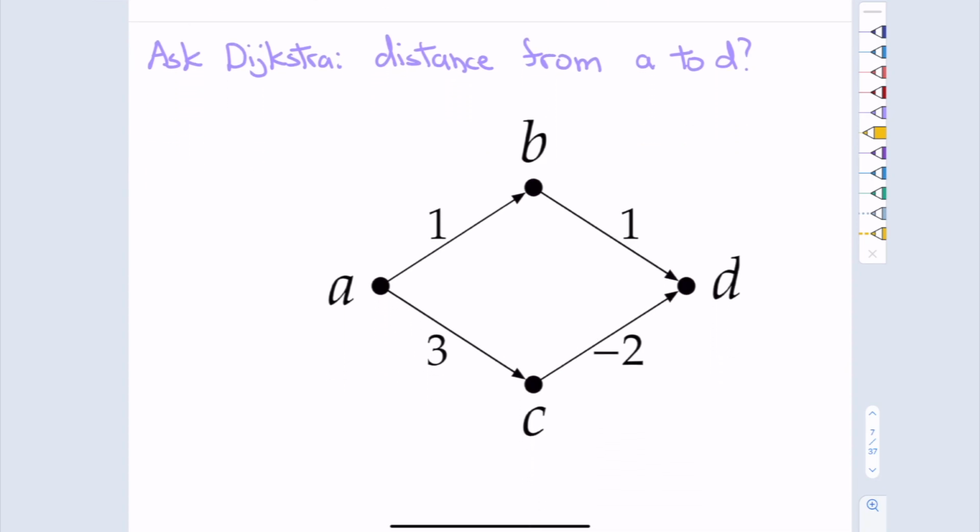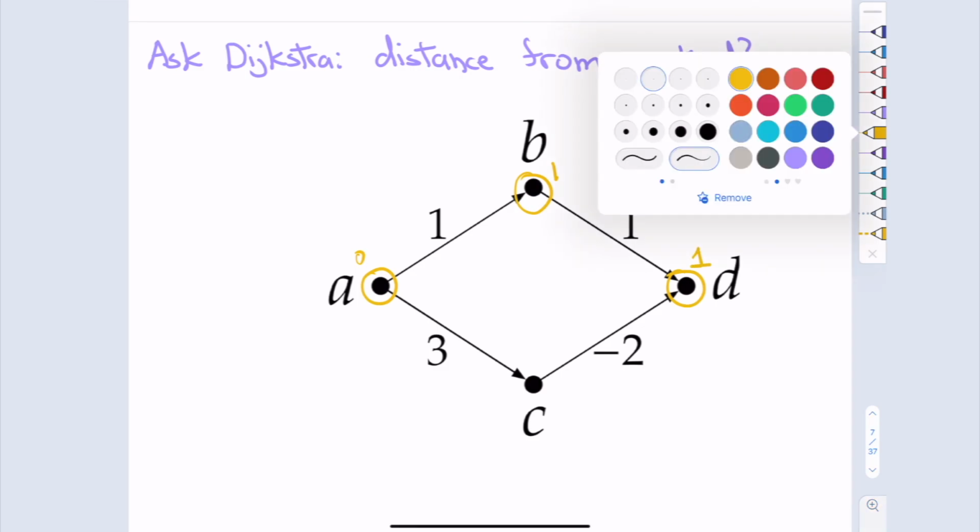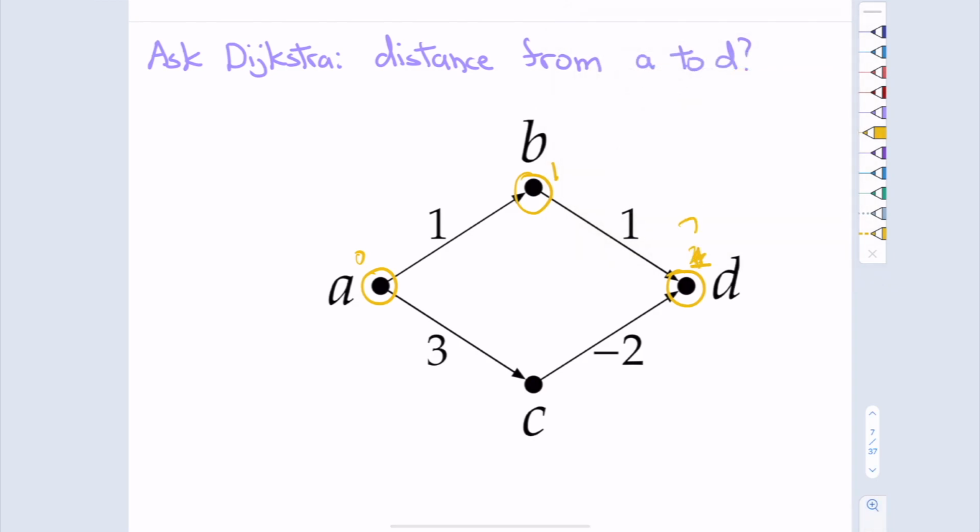If I ask Dijkstra's algorithm, in particular the version we discussed, how to get from point A to point D as little as possible, Dijkstra's algorithm in order would decide that A, of course, was at distance 0 from A. Then it would decide that B is at distance 1 from A. And then it would decide that D is at distance 2 from A by going through B. Okay.